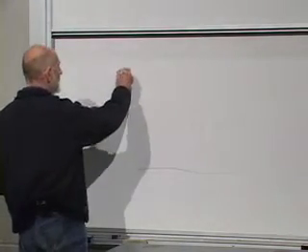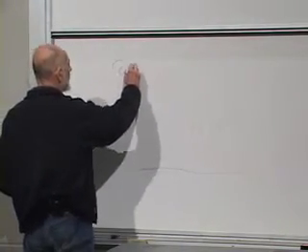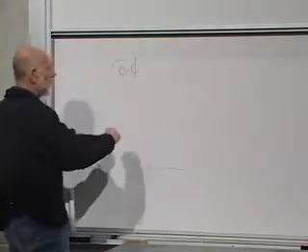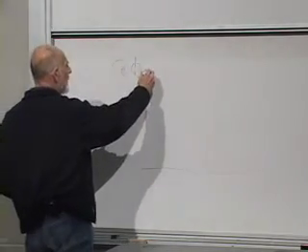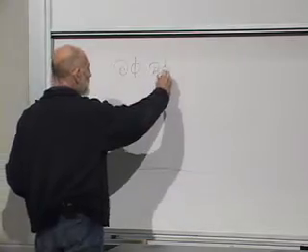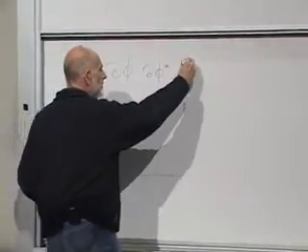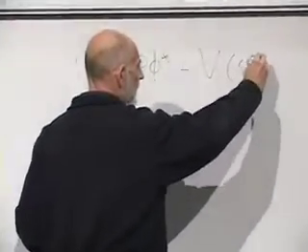So let's take the Lagrangian to be the derivative of phi times the derivative of phi star minus V of phi star phi.